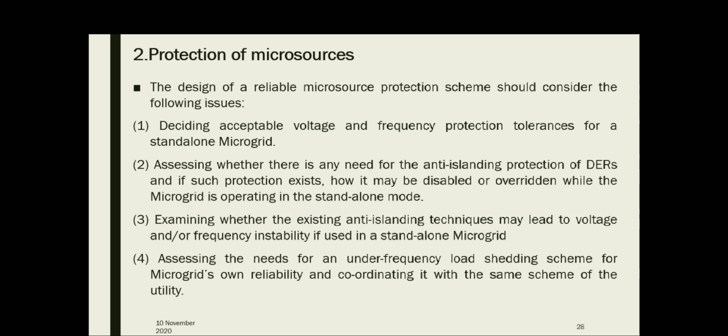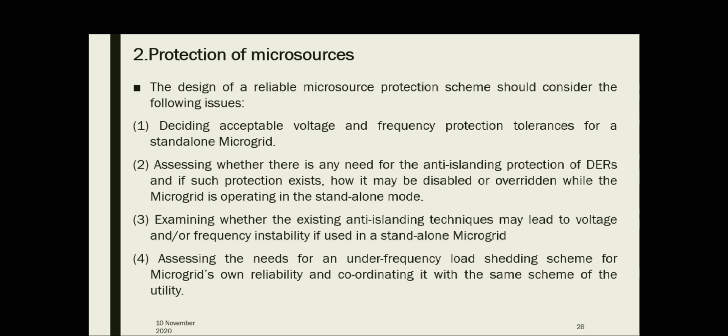The anti-islanding means it is a condition at which the microgrid is disconnecting from the main grid due to some fault or disturbance, and it continues to be in operating mode. Normally a microgrid will be connected to the grid.